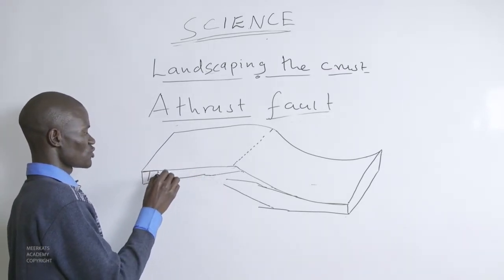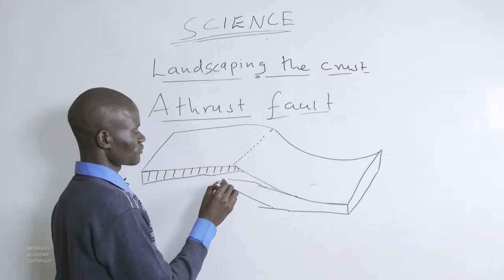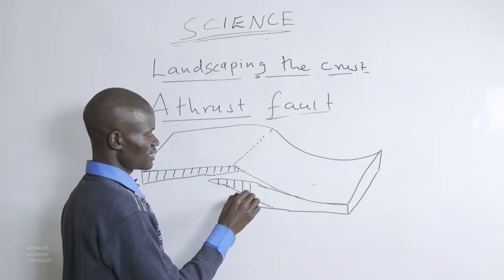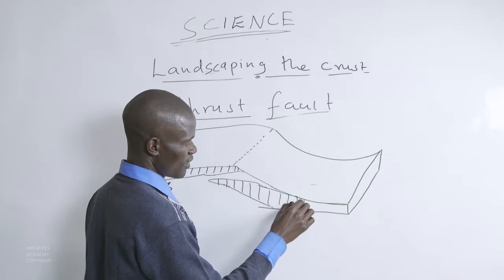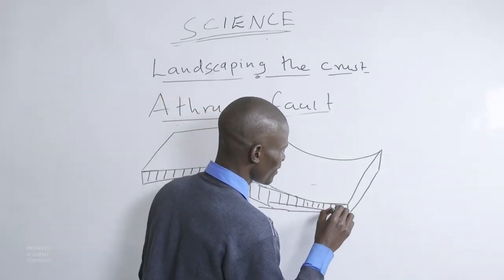Therefore, you'll find that this block of land is going to thrust over what was the initial part of the land, resulting in what we call thrusting over.